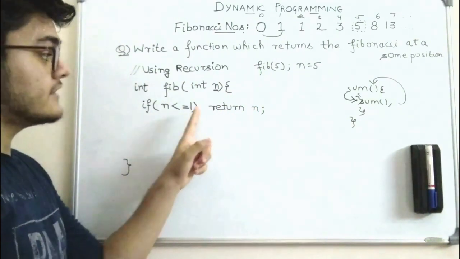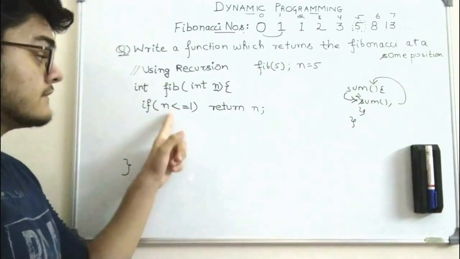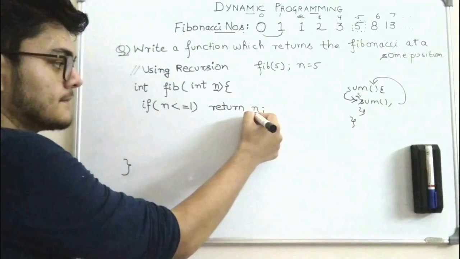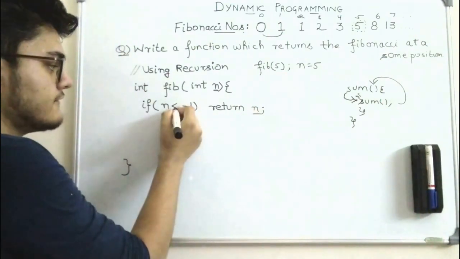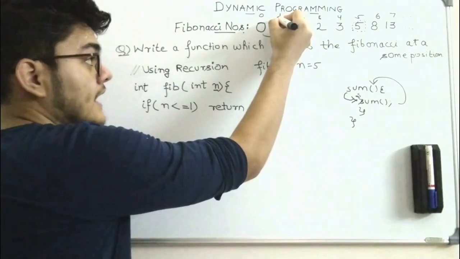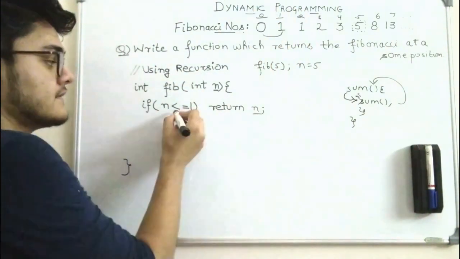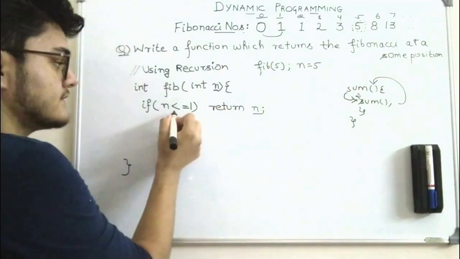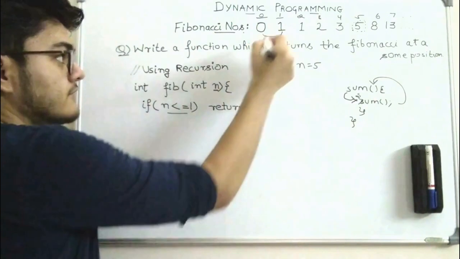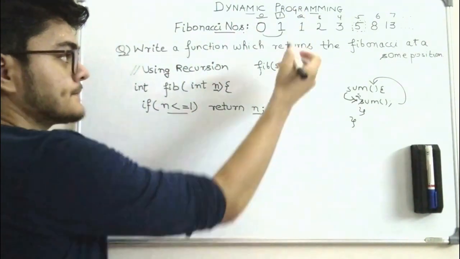If this condition returns true, then this will return the number n. If n is less than or equal to 1, it means the value of n can be 1 and it can also be 0, as you can see with the less than or equal to sign. At this position, when n equals 1, the Fibonacci number is the same as n.